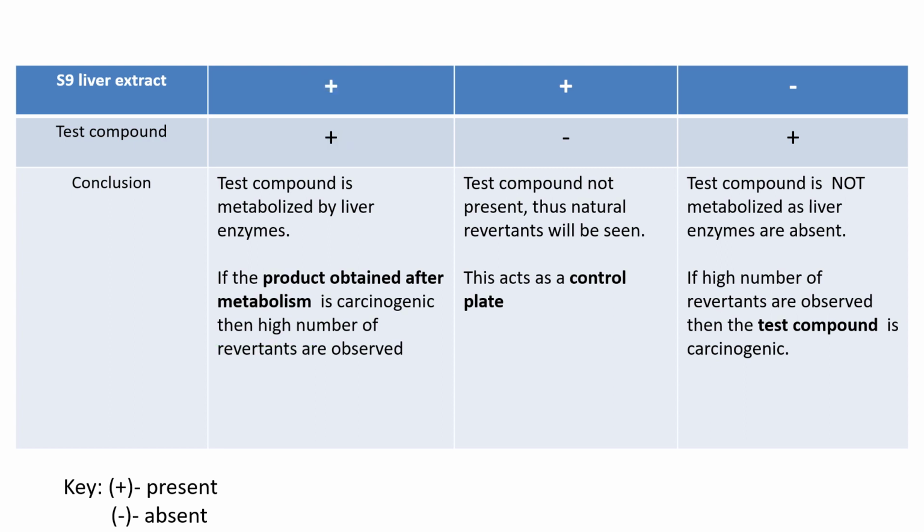Now in the second condition, you add the liver extract but you don't add the test compound. Since the test compound is not present, all the colonies that you will see on the plate will be your natural revertants. Thus, this plate will act as a control plate for your experiment, which will give you a count of all the natural revertants.